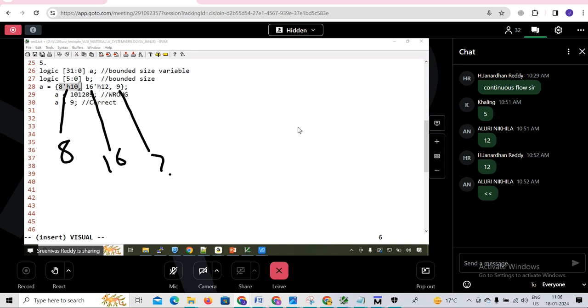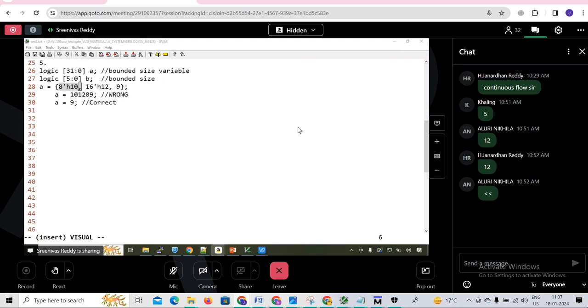For a 9, what is the default boundary size? 32 bits, because 9 is an integer. For an integer, the size is by default 32 bits. So you are concatenating 32 bits plus 16 bits plus 8 bits. Totally, how many bits will you get? 48 plus 8, 56. You will get 56 bits.